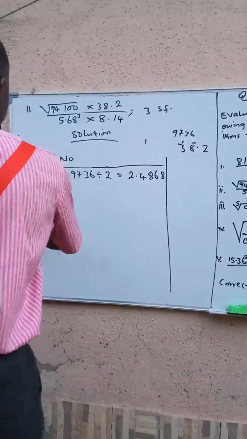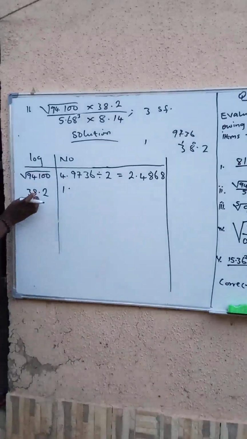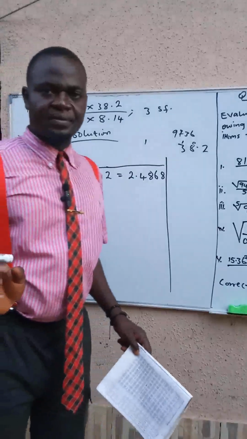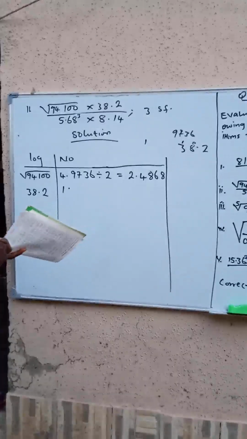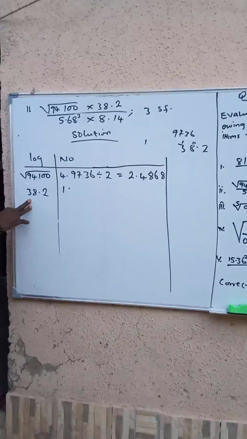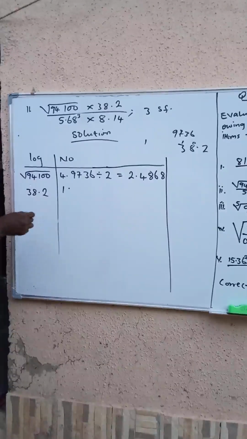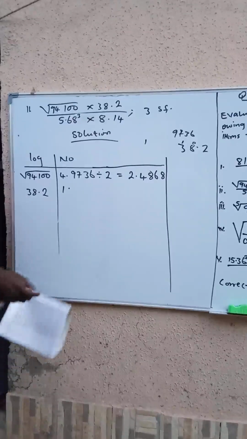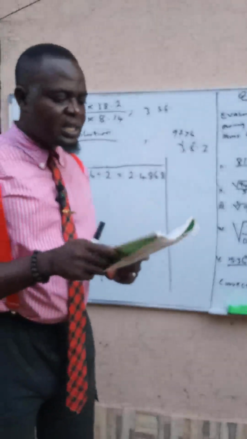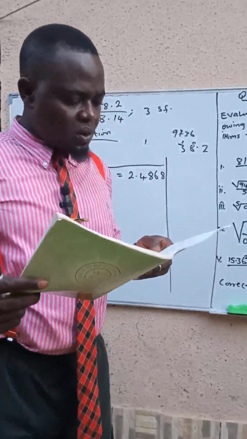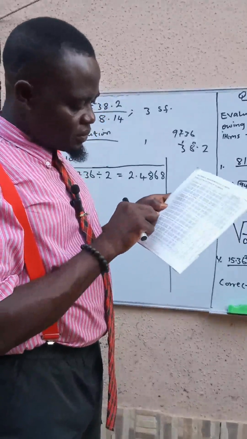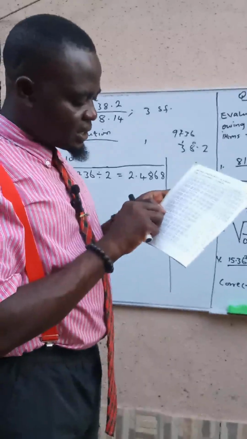Now, this one is now log 38 under 2. There's no difference. Somebody will say that, why won't I say log 3? There's no log 3. It starts from 10. And this one is 38 under 2. There's no difference. So let me look for log 38. Log 38. Okay, see it here. This 38.